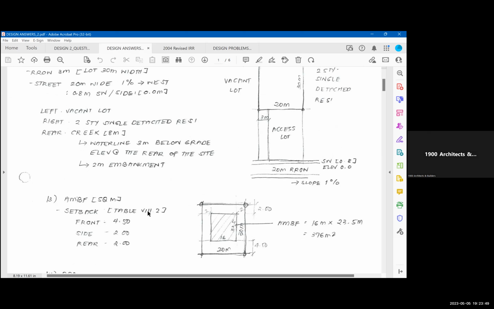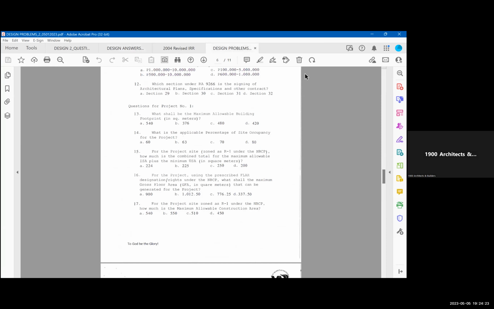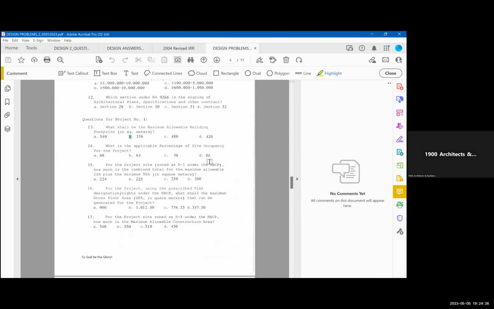So, basta table 8.2, nakukuha mo yung setbacks dun. So, from that setback, nakuha natin, the front setback is 4.5 and the sides are 2. So, from there, makukuha natin yung NDF, which is 16 times 23.5, which is 376 square meters. So, ang answer sa number 13 is letter B.